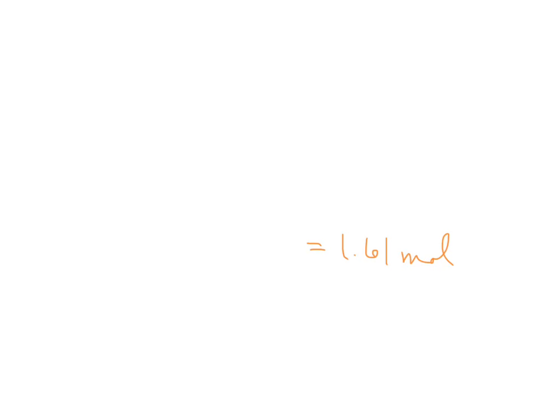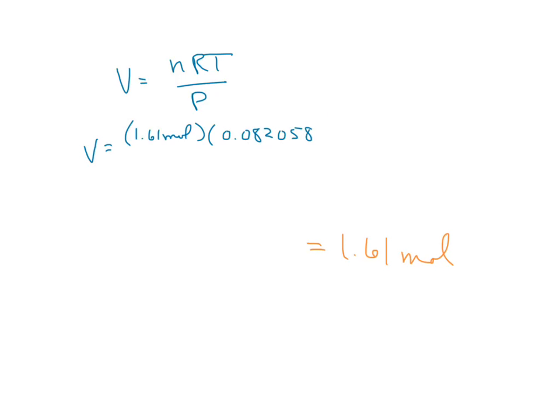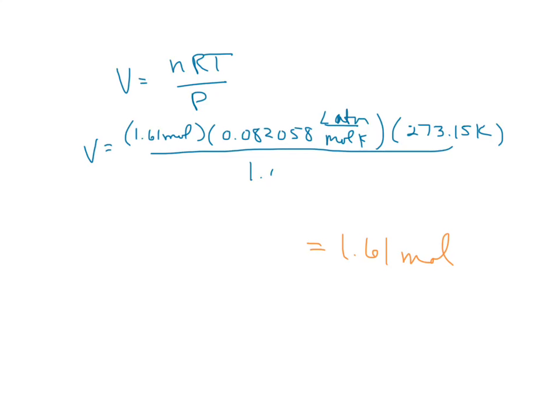Let's plug in. V is equal to nRT over P. In this case, V is equal to 1.61 moles times 0.082058 liters atmospheres per mole Kelvin, times the temperature, 273.15 Kelvin, all divided by 1.00 atmospheres.